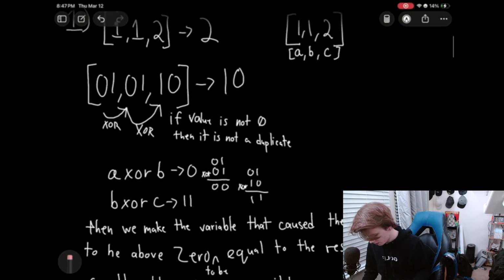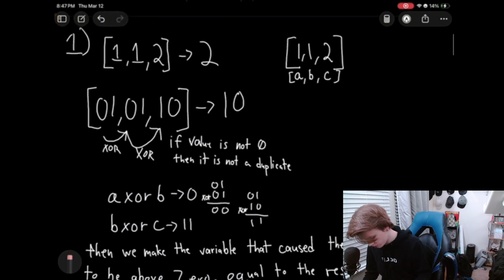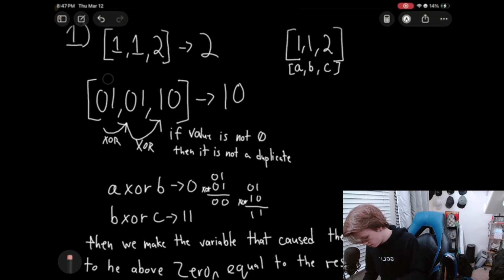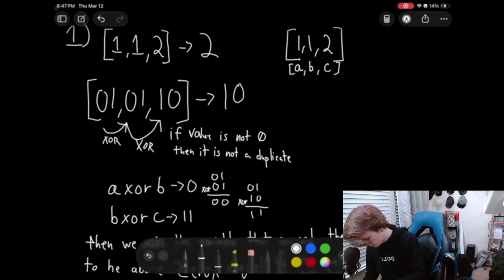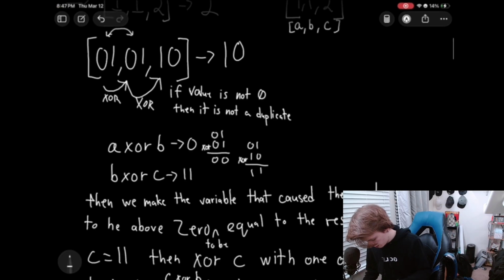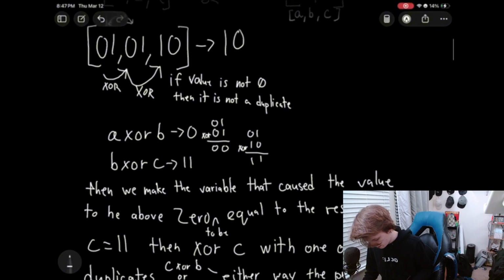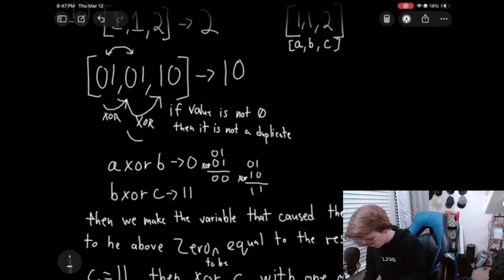So anyway, we did A XOR B, which is 1, and that in binary is 01, so these two right here. So we got 01 XOR 01, which is 0, right? And so now let's go over here.